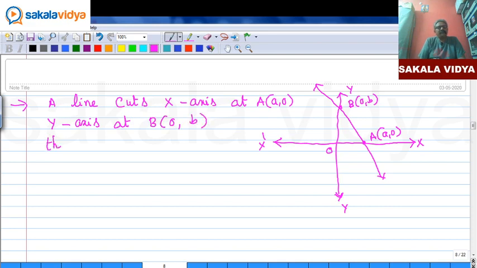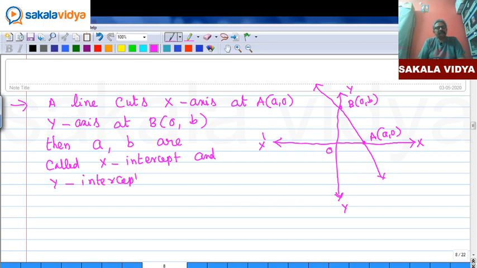Then a and b are called the x intercept and y intercept respectively.